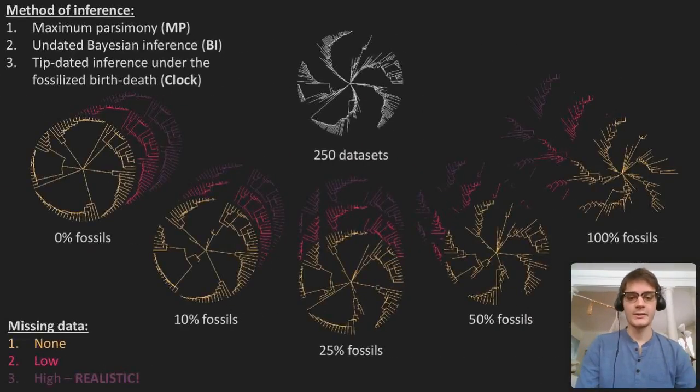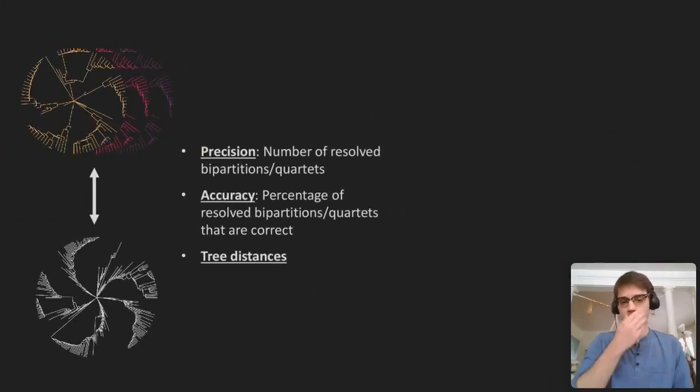And we analyzed all of this data, which added up to more than 10,000 data sets, using 3 different methods of inference: maximum parsimony, undated Bayesian inference, and tip-dated Bayesian inference under the fossilized birth-death model, which I'm going to refer to as MP, BI, and clock, respectively.